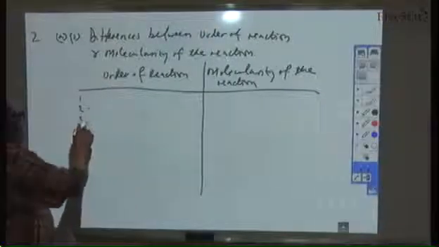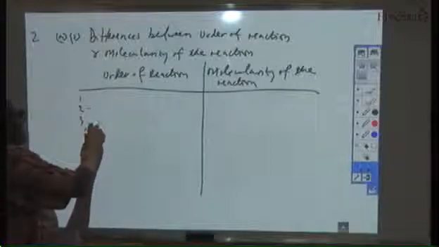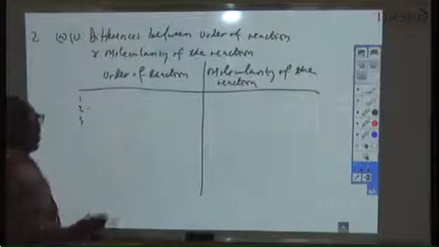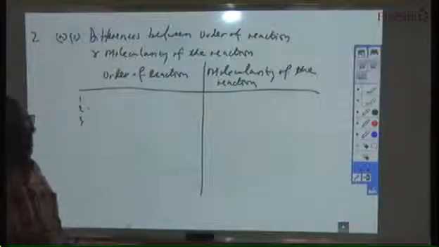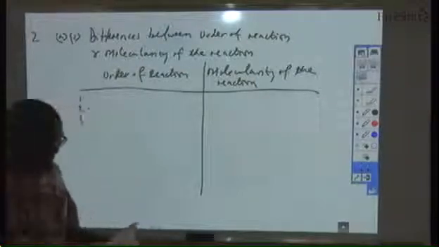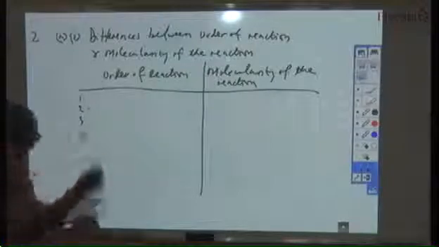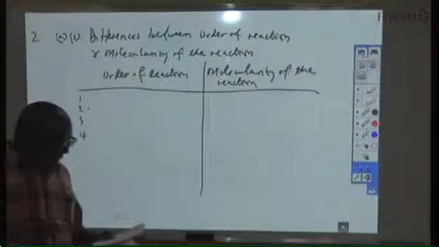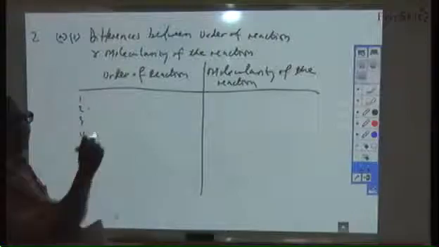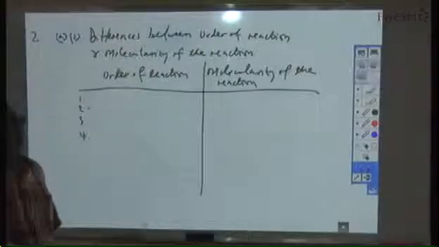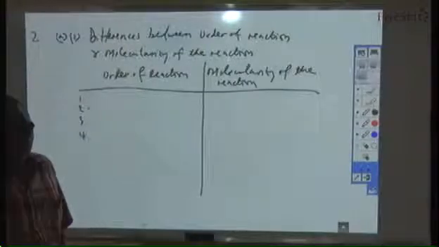Order of reaction can assume a fractional value such as half order, but molecularity must be a whole number. And then the fourth difference is that the order of reaction can be zero.